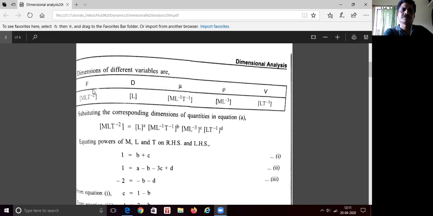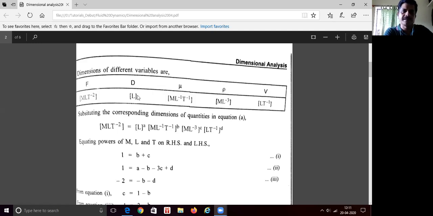The unit for force is Newton. Newton is nothing but mass into acceleration. Mass is M. Acceleration is LT minus 2. Like that, you should be able to write this. So when we get some time to refresh all these things in the classroom, I will tell you more about this. Diameter is measured in meters, centimeters.